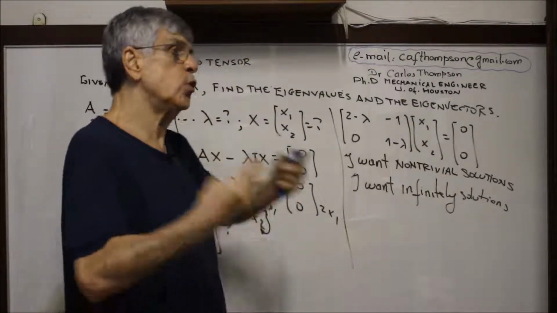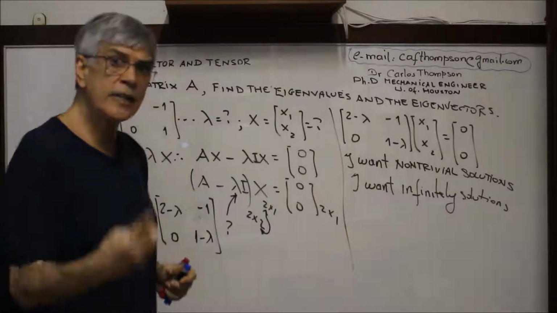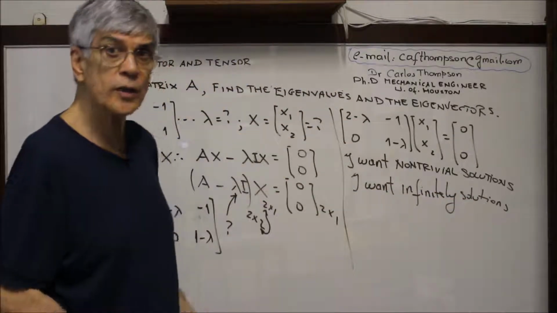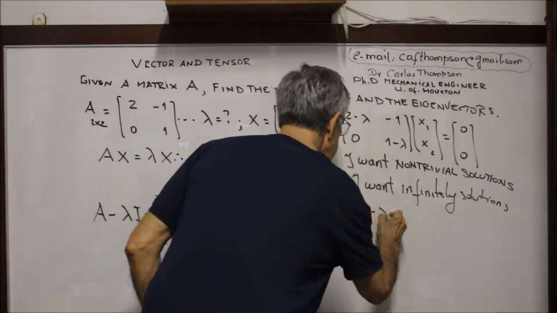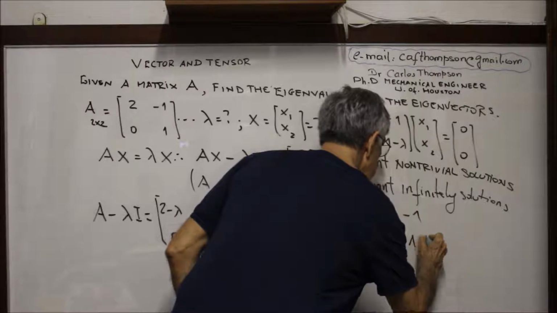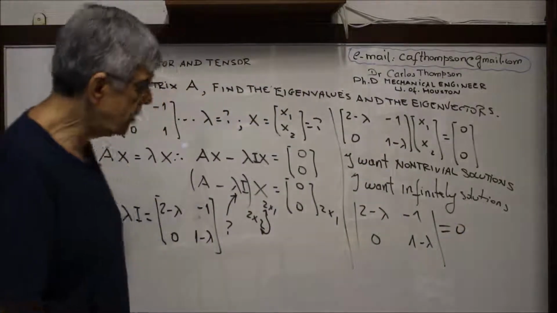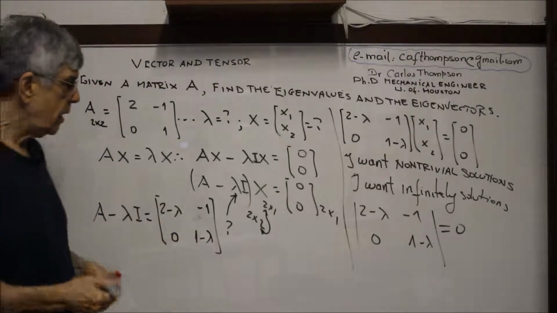What will be the procedure to guarantee infinite solutions in a homogeneous equation? The determinant of the coefficients, 2 minus lambda, minus 1, 0, 1 minus lambda, must be 0, as we showed before.